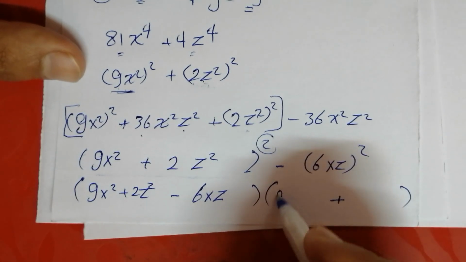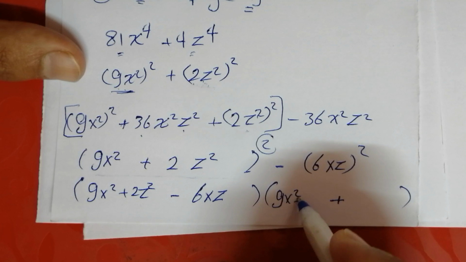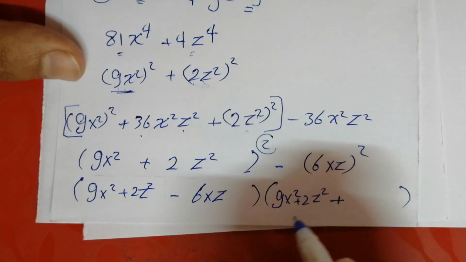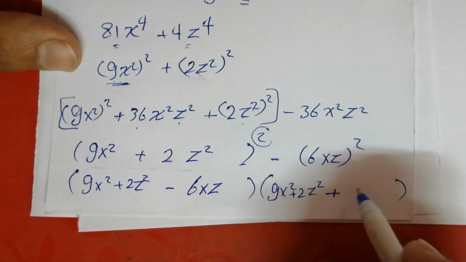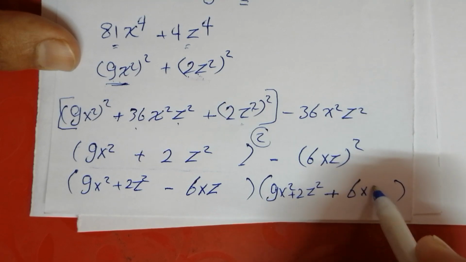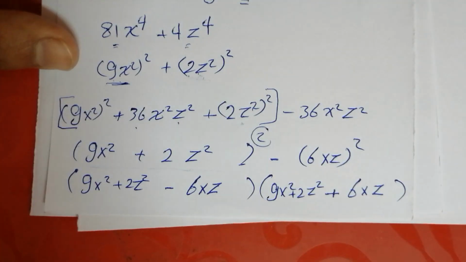Again, 9x squared plus 2z squared, and the second term is 6xz. So, the rest of number one is homework. The rest of number one means A, B, C, E, and F. Yes, it's going to be homework.